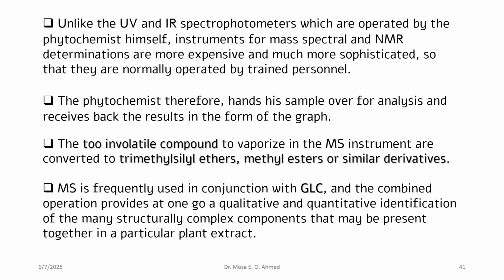When comparing the spectroscopic techniques, including UV, IR, NMR, and mass spectroscopy, in terms of complexity, we find that mass spectrometry and NMR are more sophisticated and more expensive, and should be operated by trained personnel.